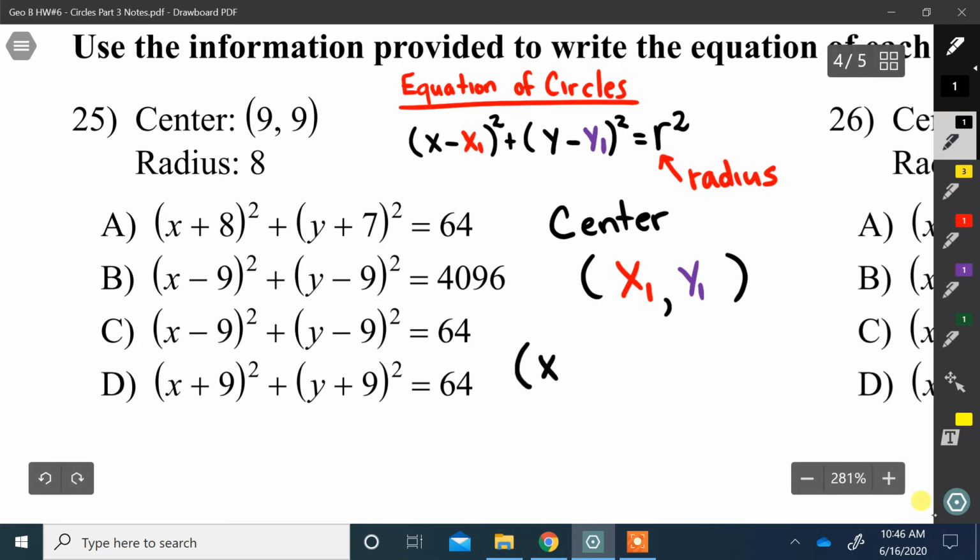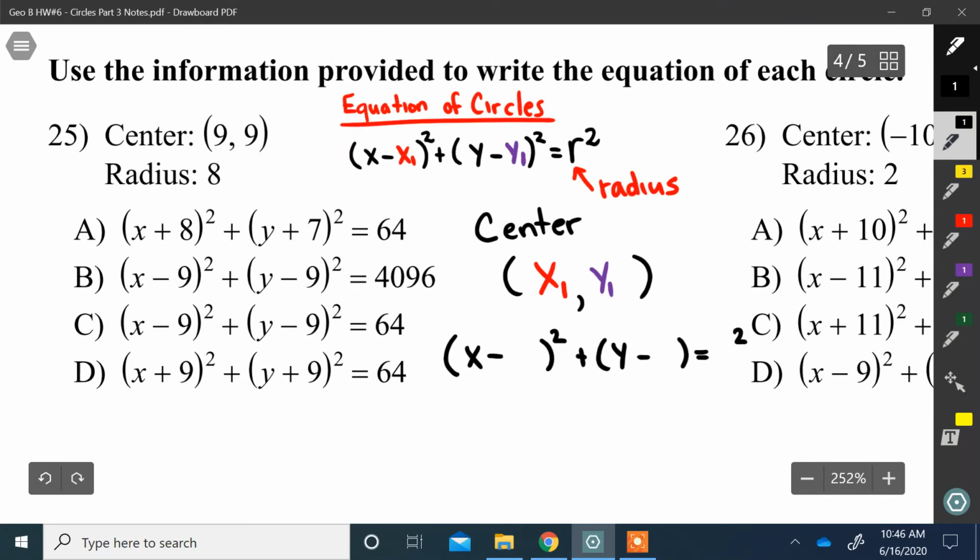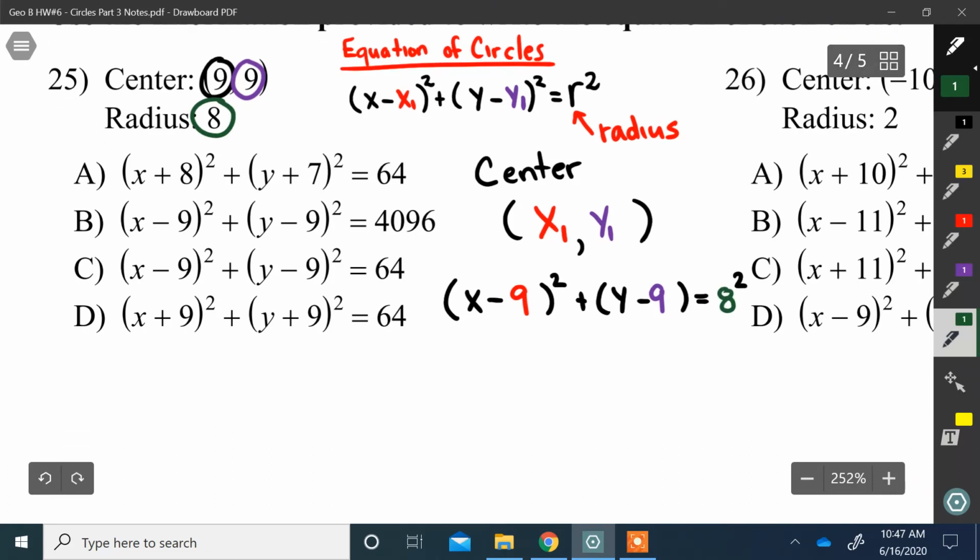The formula again is x minus x1 squared plus y minus y1 squared is equal to r squared. Notice that I didn't write the x, the y, and the r because I'm going to plug them in. The x1 is 9. The y1 is 9. And the r is 8. So all you have to do here is simplify the formula.